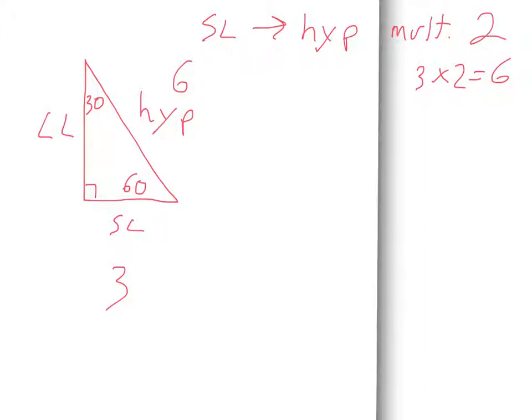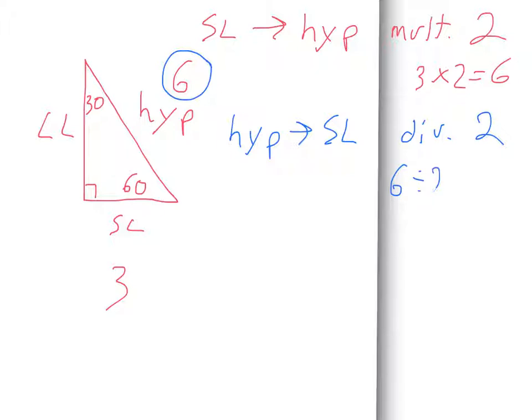Okay, likewise, if I know the hypotenuse and I want to find my short leg, then I divide it by 2. So if I knew that it was 6, I would have taken 6 divided by 2, which would have been 3. That would have been my short leg. Okay, that's when we're going between short leg and hypotenuse.